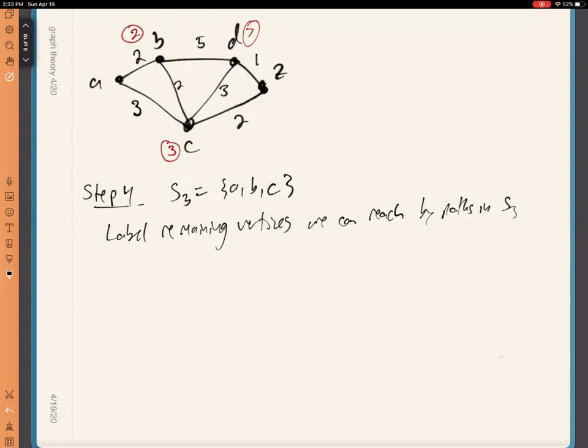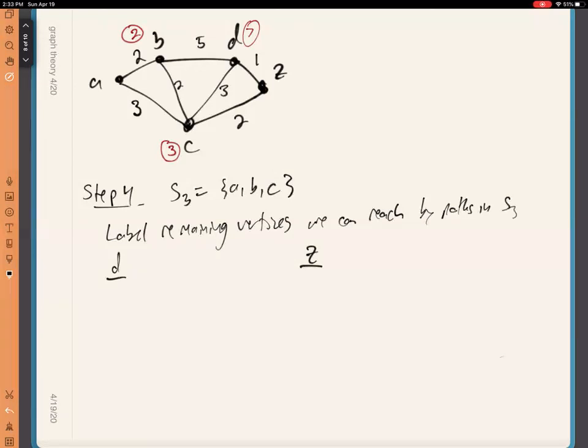Well, I can reach D because I can just go A to B to D. So I want to label D. I can also reach Z because I have A to C to Z. So what we're going to do is look at all the possible paths that go through S3 and try to find the shortest one, and that's going to be the label, right?